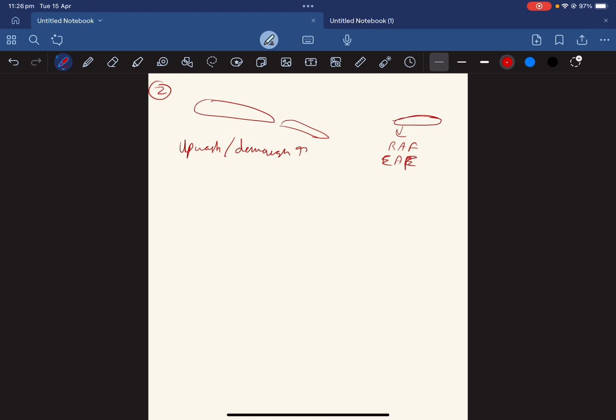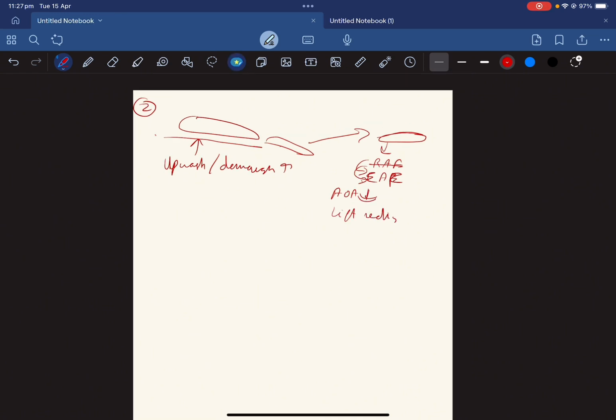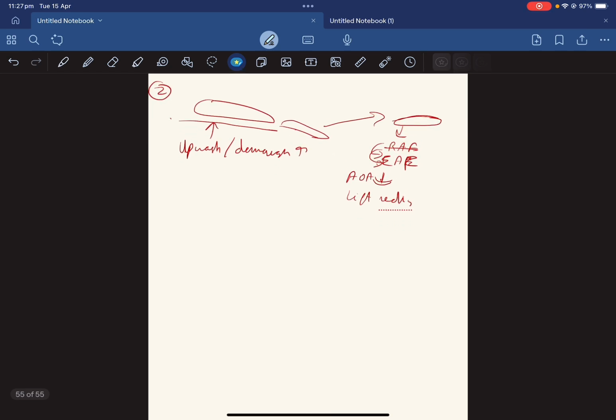Due to this change in airflow, your angle of attack is decreasing over here, due to which the lift is reducing. Say this was 100 newtons before, now it's 50 newtons.